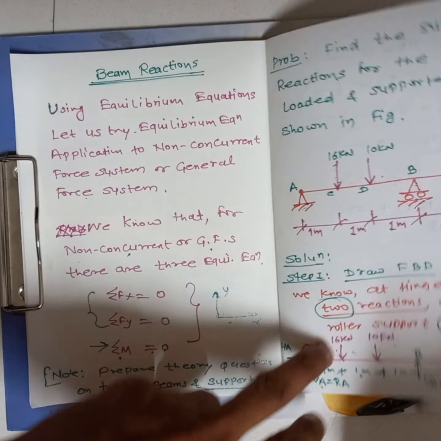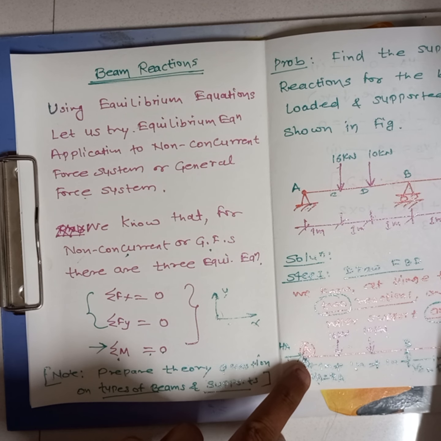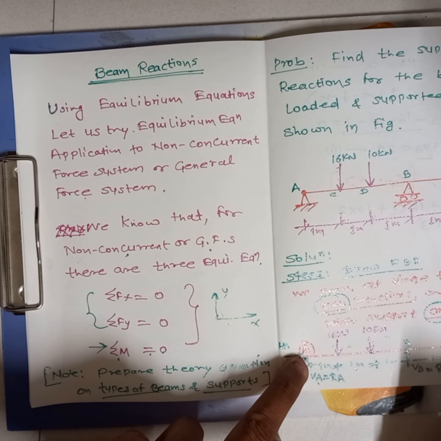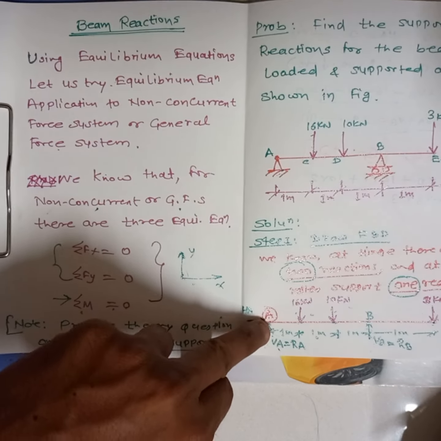right. Then next force is 3 kilonewton force. So the perpendicular distance up to A is how much, can you tell me?